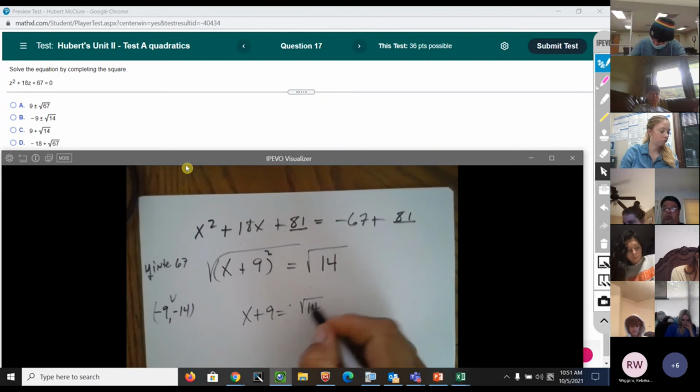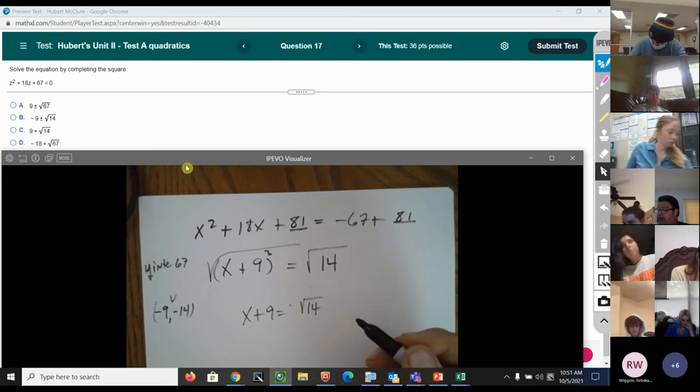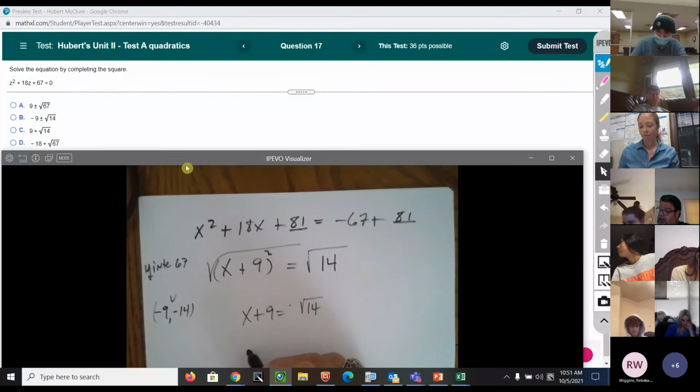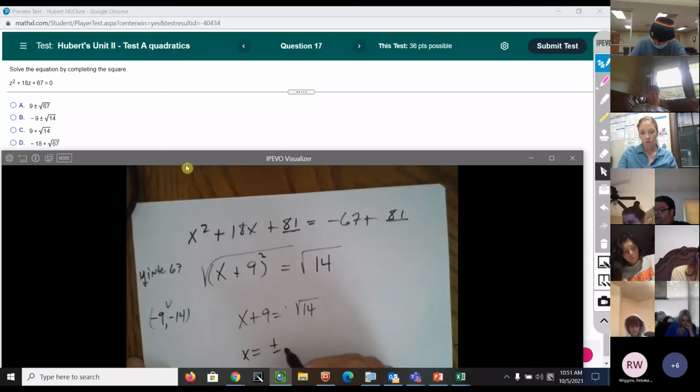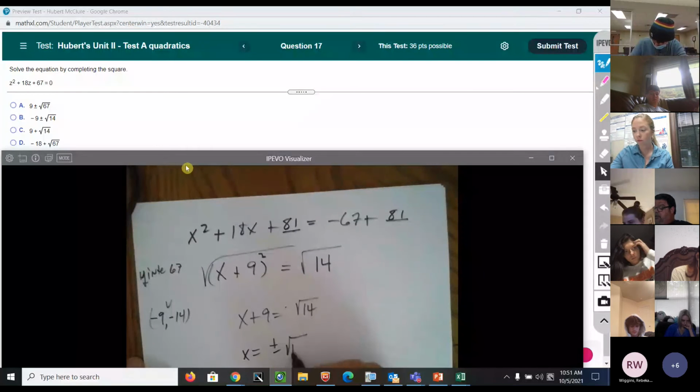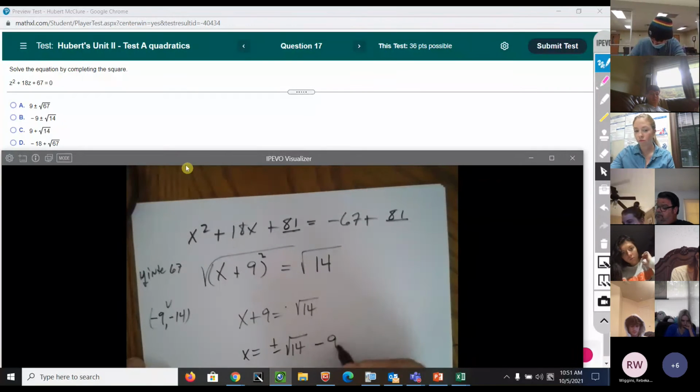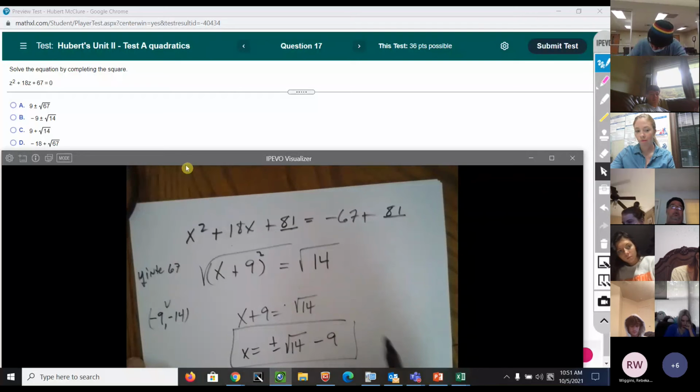But they want a radical, so I'm going to leave it like this. So x is equal to positive or negative root 14 minus 9. So -9 plus or minus root 14.